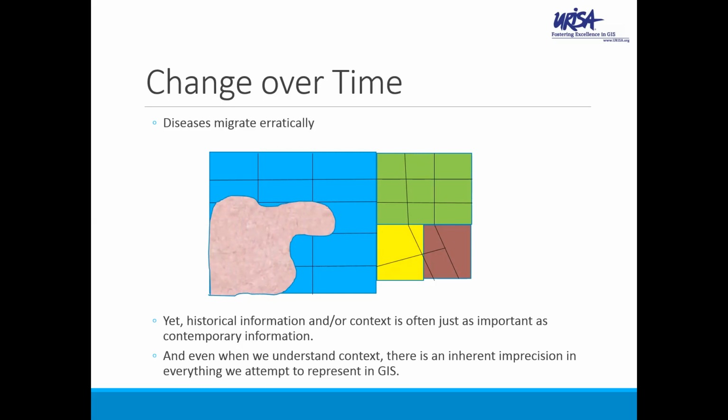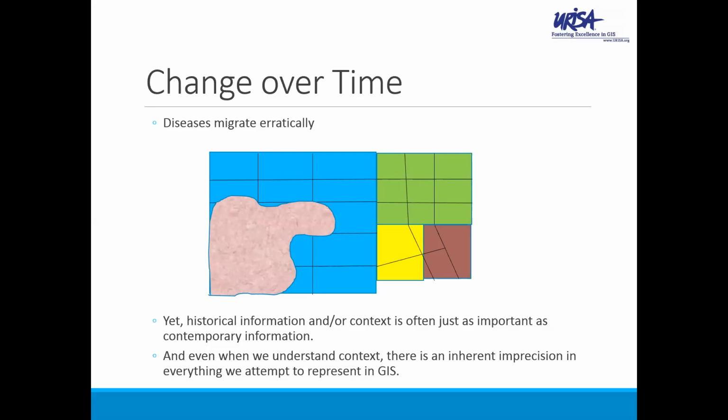And then even when we do understand these contexts, something that we have to recognize and account for and actually make sure that users understand is that there is imprecision in everything that we represent in a GIS. It may be small or it may be large. It depends on exactly what features are involved and what the source of that information was.